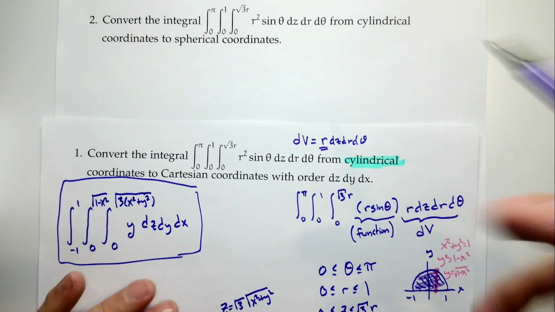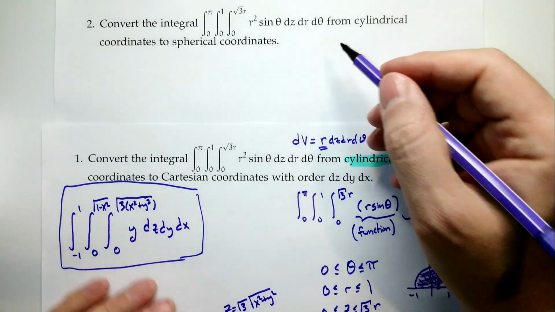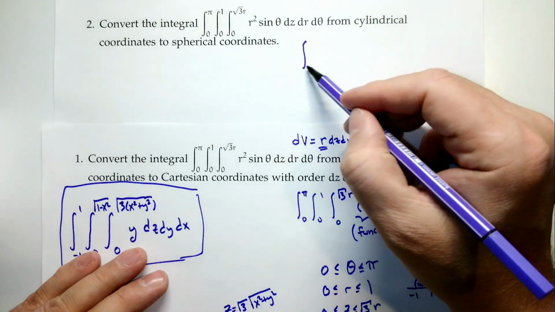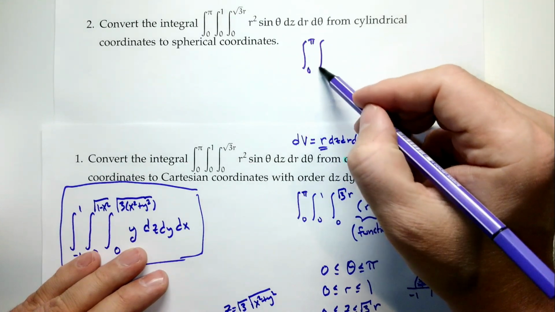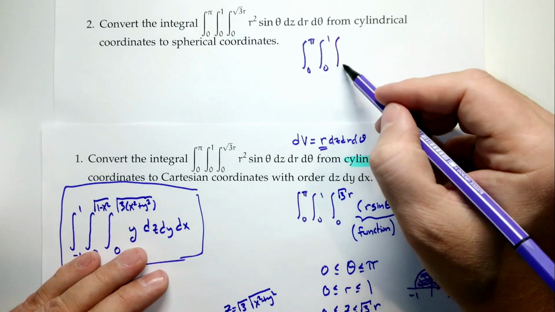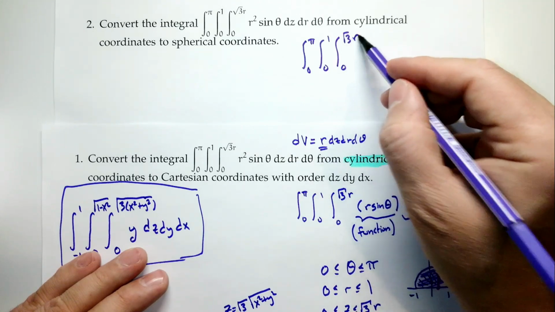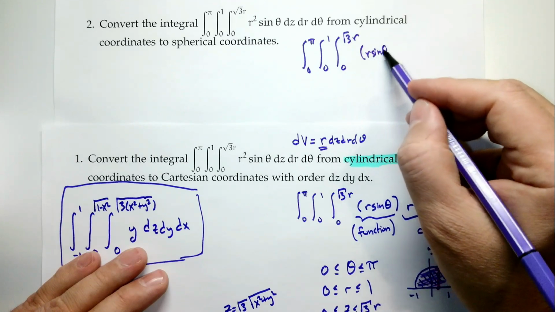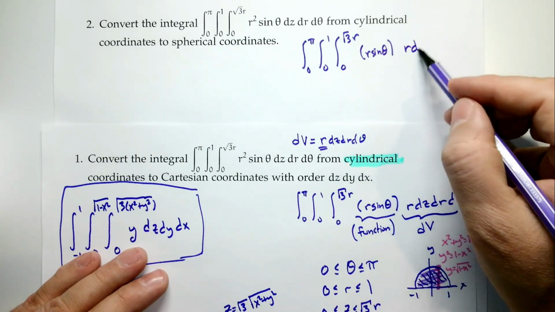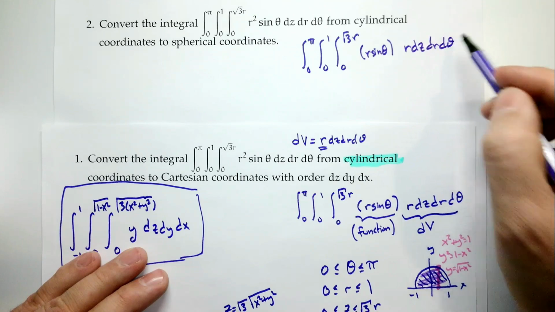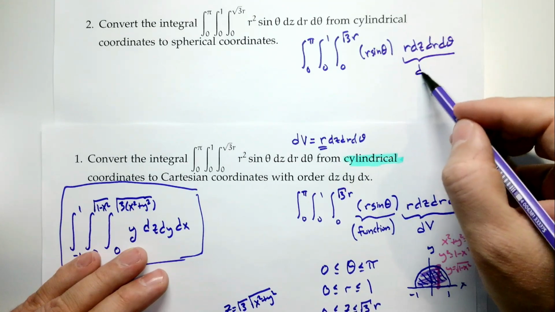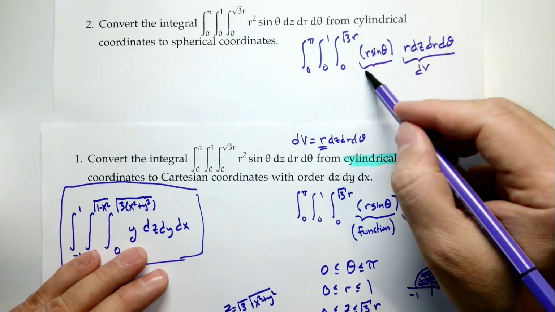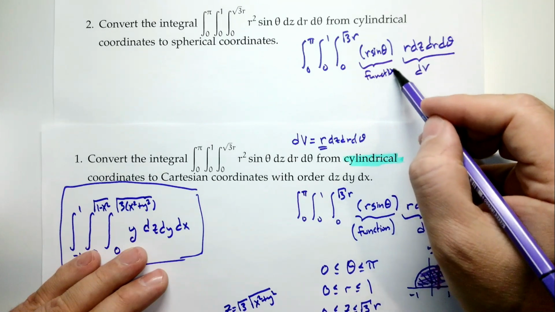So we have the integral from 0 to pi, integral 0 to 1, integral 0 to √3 times r, then we have our r sine theta and our r dz dr d theta. Same as before. This last part is dV, and this is our function.